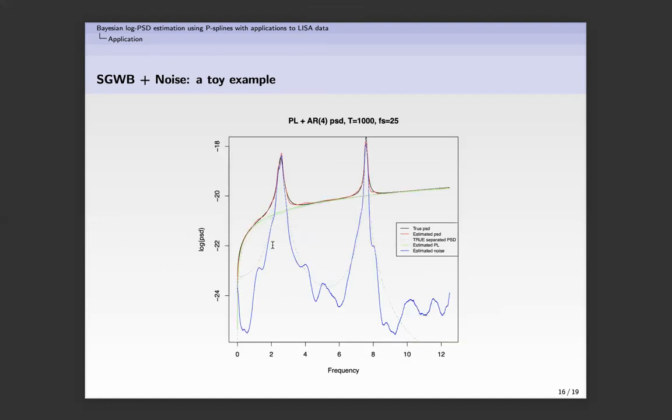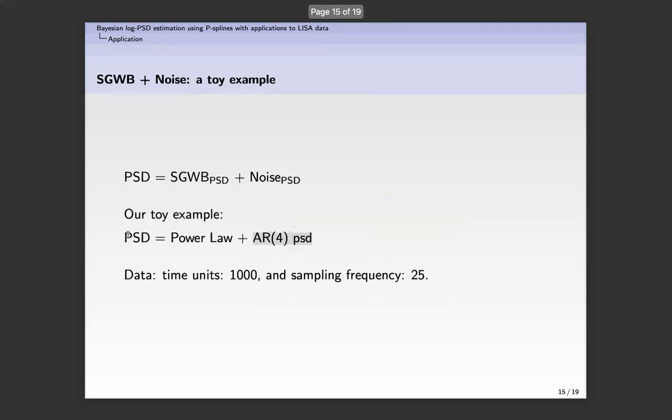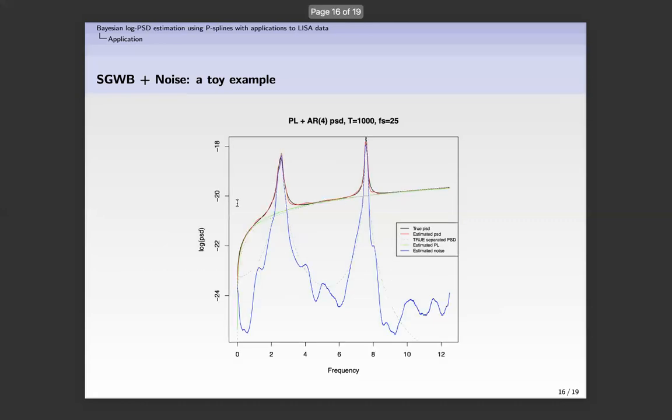And this is the result. The black line represents the true power spectral density function, and the red line represents our estimate. The dashed lines represent the PSD of the autoregressive model and the power law. As you can see, there is a tiny difference between our estimated power law and the true power law.